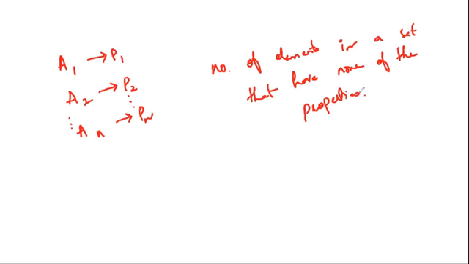So suppose we define the problem this way. Let Ai be the subset containing the elements that have the property Pi. Ai has elements which have the property Pi, so Pi is the property.